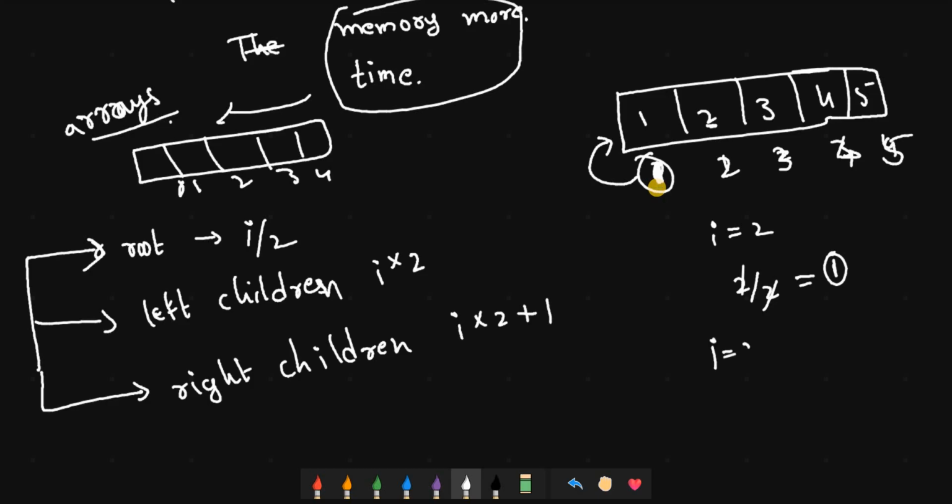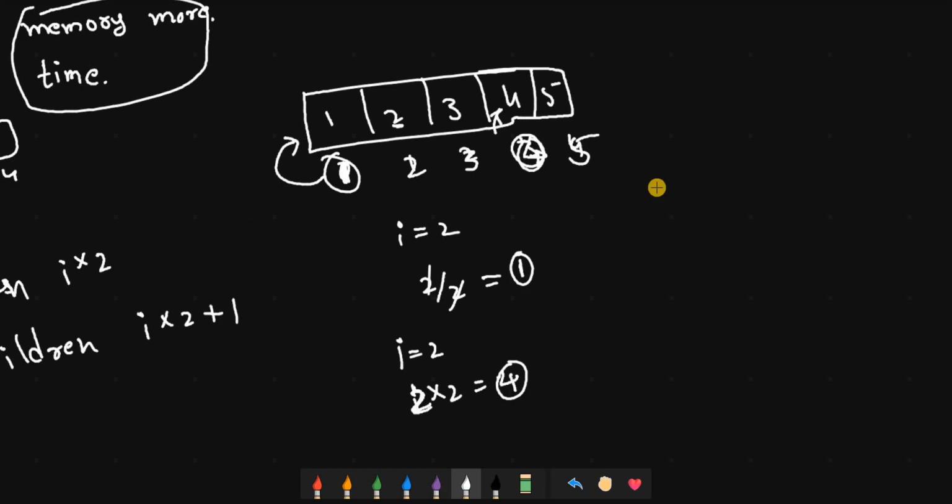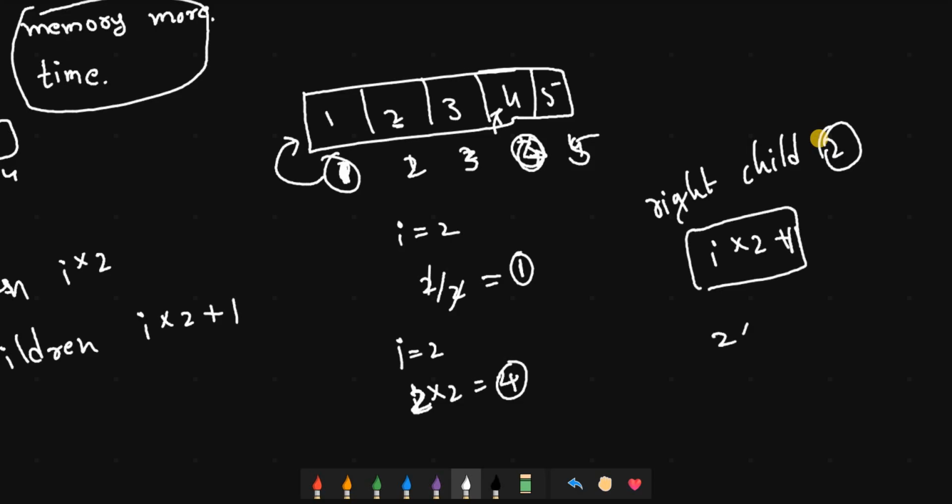For that, I is equal to 2, and I into 2 is 2 into 2, which is 4. So the element at the fourth index, 4, is the left child of this 2. And what is the right child of 2? For that, I into 2 plus 1: 2 into 2 is 4, plus 1, that is 5. So 5 is the right child of 2.